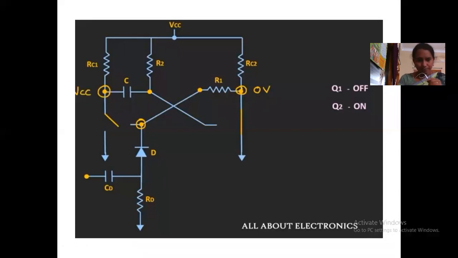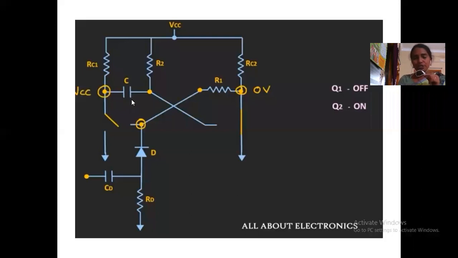So see here, there is a capacitor in between Q1 and the Q2 base. Due to this, the capacitor starts charging from VCC through RC1, right? So capacitor positive terminal is RC1 and negative terminal is base of transistor Q2, right?